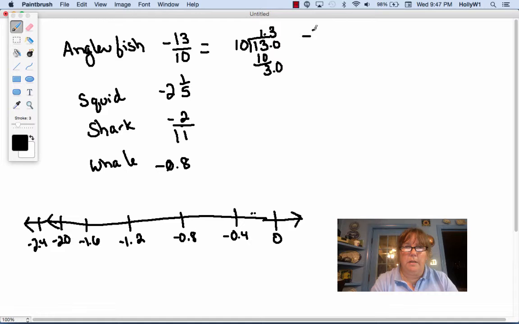So this ends up being negative 1.3. Negative 2 and 1/5. We did 1/5 the other day on the board, so we're going to remember that is negative 2.2.